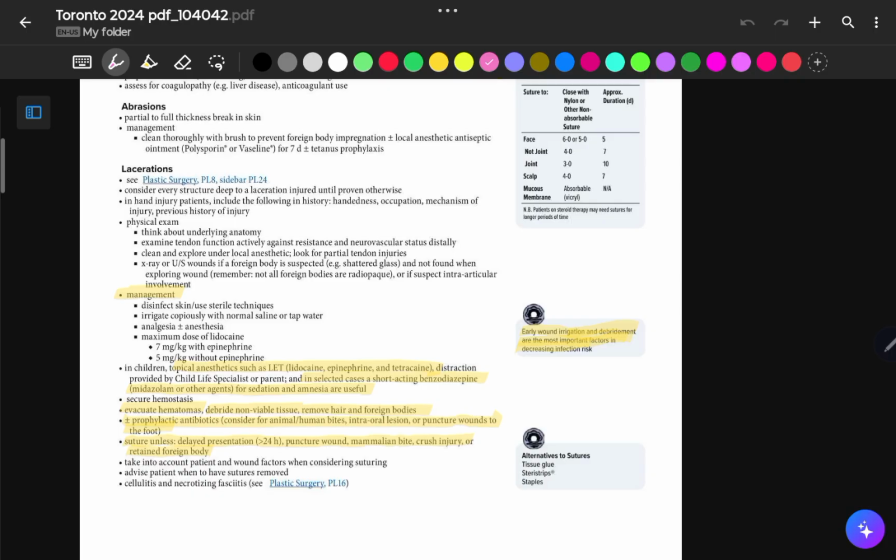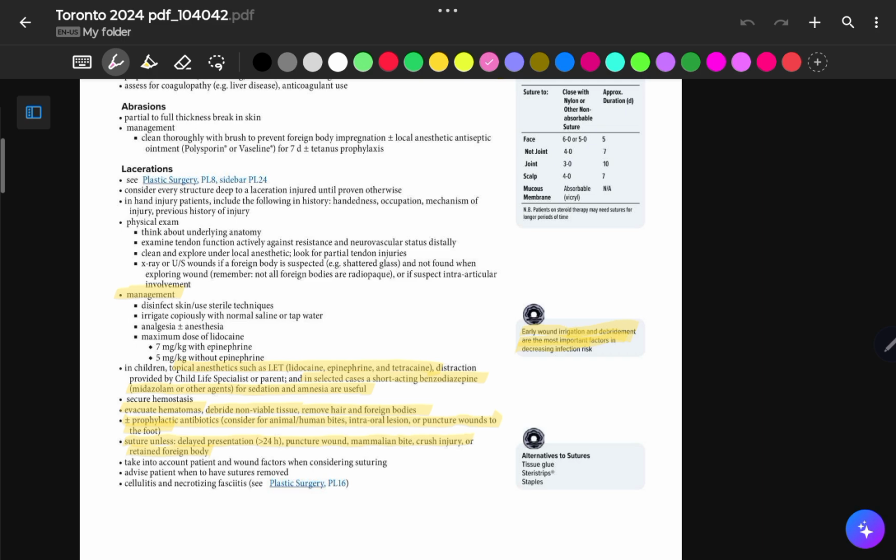Then you use a maximum dose of lidocaine: 7 milligrams per kg with epinephrine, or 5 milligrams per kg without epinephrine. In children, you can use a topical anesthetic such as LET, which stands for lidocaine, epinephrine, and tetracaine.